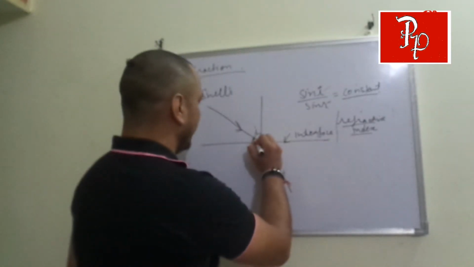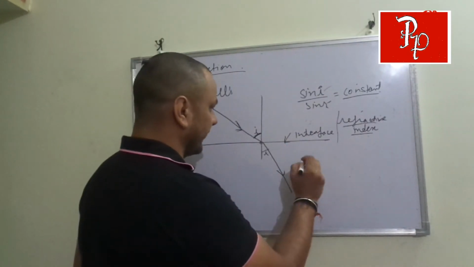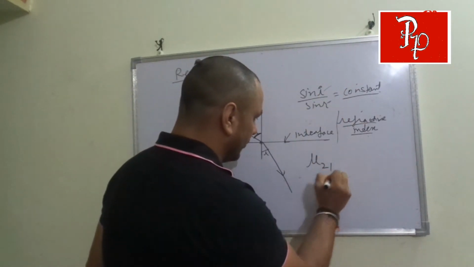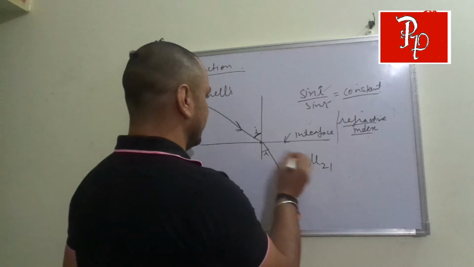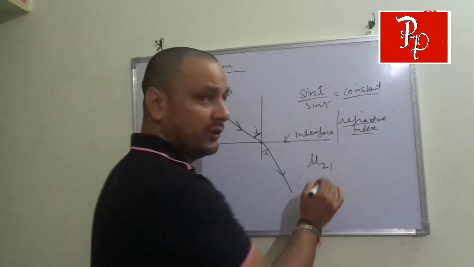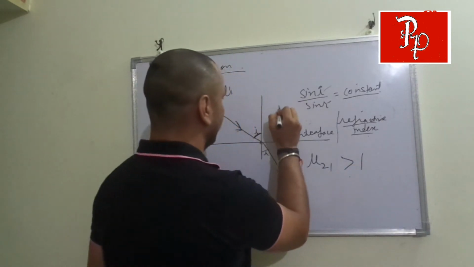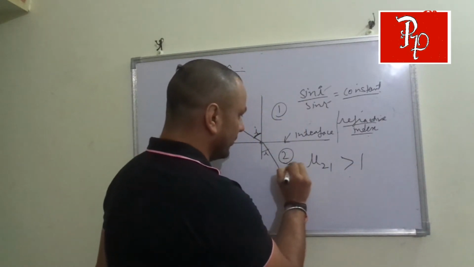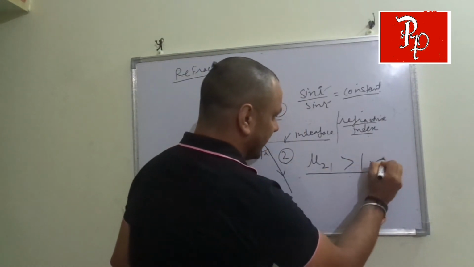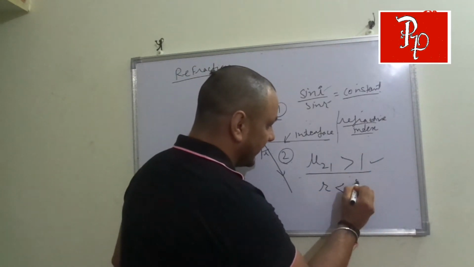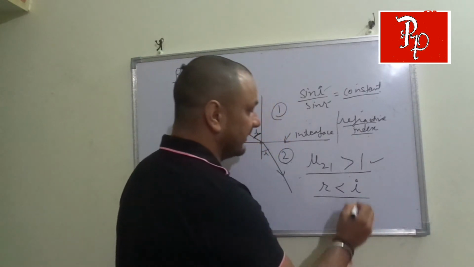So angle of incidence, angle of refraction, if we write this Snell's law as mu 2 1, suppose it is a rare and a denser medium. If mu 2 1 is greater than 1, this is medium 1, this is medium 2. If the refractive index is greater than 1, that clearly shows that R is less than I, that is, angle of refraction is less than I.